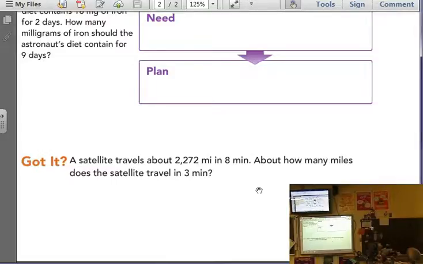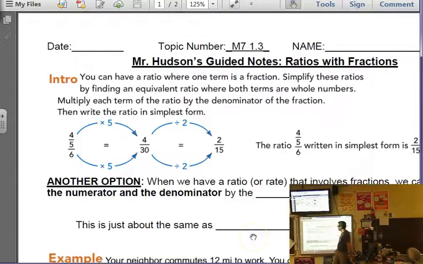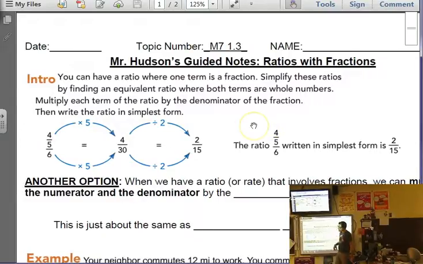All right. So, 5 minutes to get ready. When we talk about ratios, and I just said this literally a couple minutes ago, what's the difference between ratios and rates? Ratios have to be comparing two items that deal with the same unit.